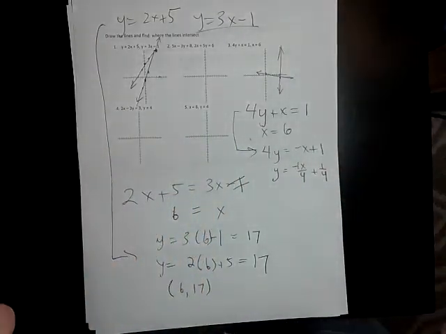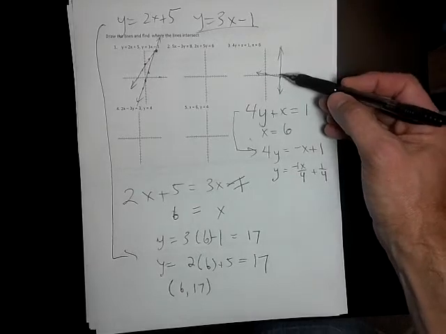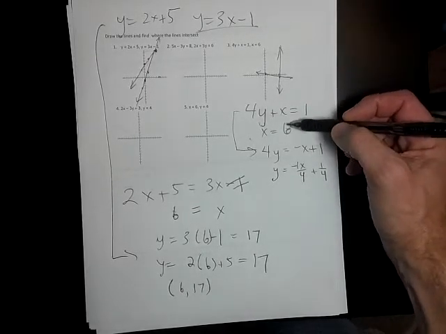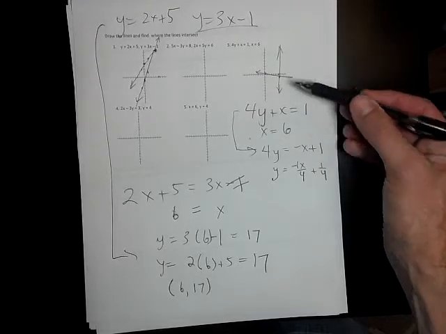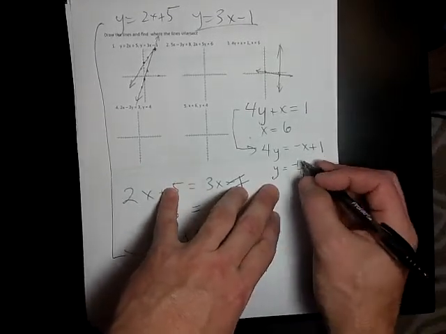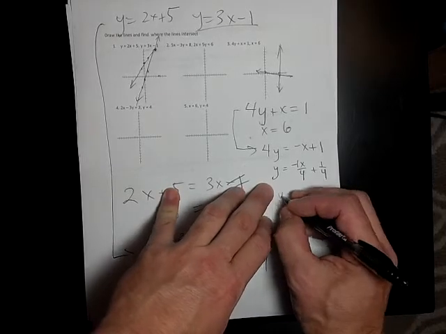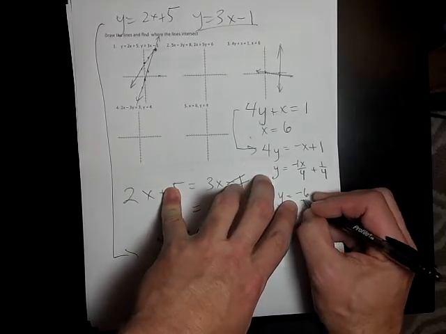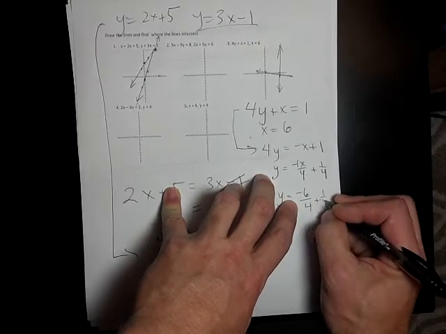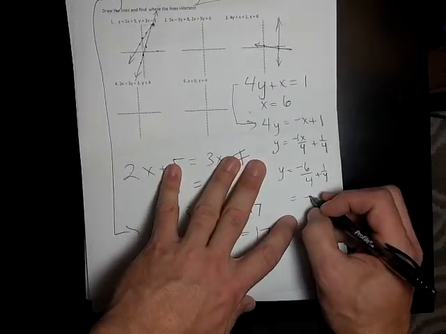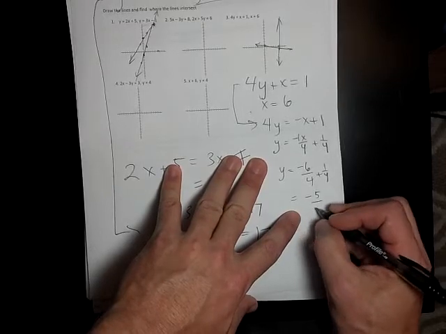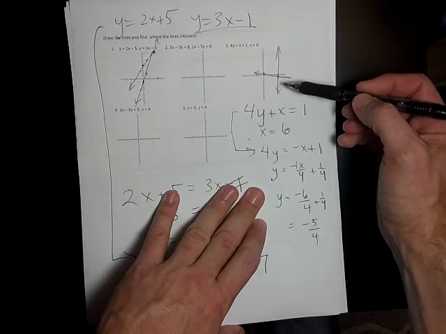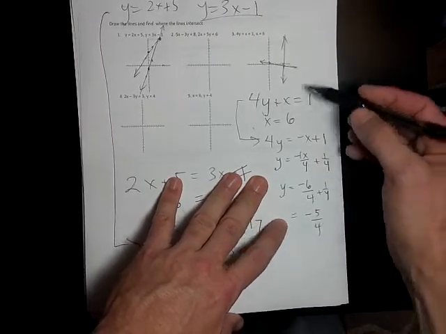Now, what is that point? Well, the good news is we already know what the x value is, because x is constant. It's always 6 for this line. This is x equals 6. So I'm just going to put the value of 6 into this equation, and that gives me y is equal to minus 6 over 4 plus a quarter, which gives me minus 5 over 4 as my y value, which is a little over minus 1.